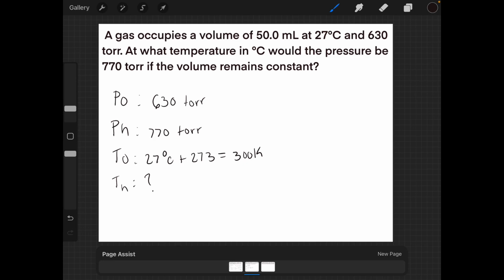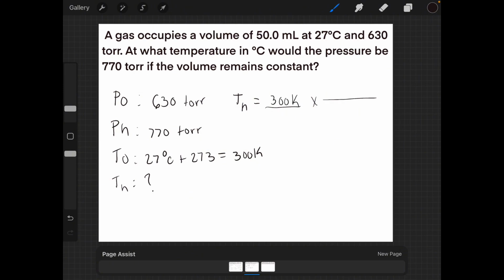Even though we are given the volume, it remains constant, so it is not needed to solve this problem. Before we start, I'm going to set up my problem. In this first blank, I'm going to write my old temperature of 300 Kelvin.